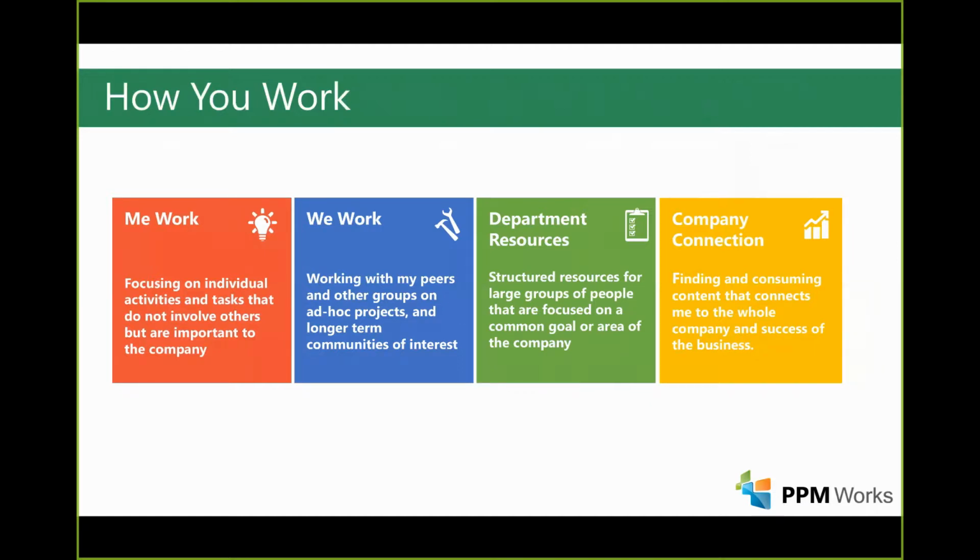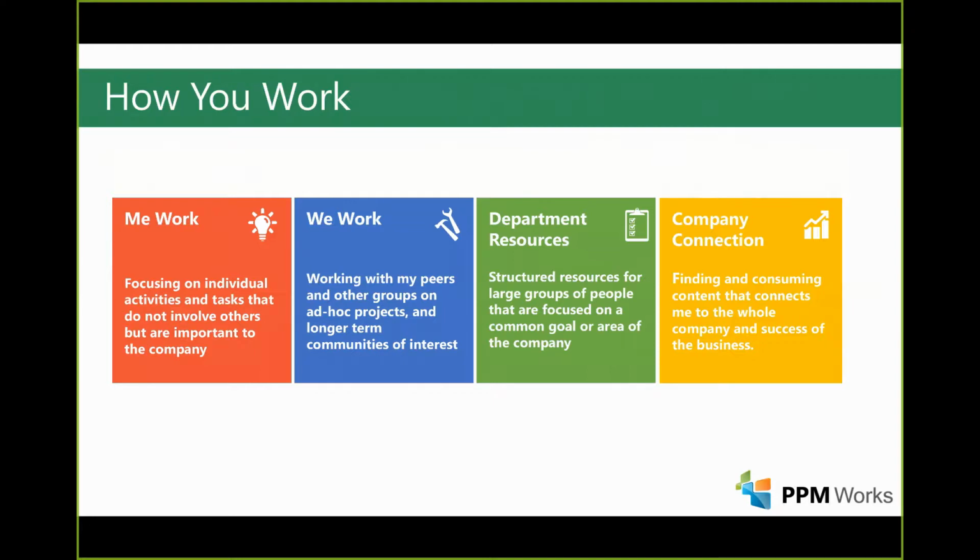So what do we got going on? Well, we have a few things. Me work, we work, and department and company work. Well, in here, this is where you're taking a look at understanding what tool set you're looking at and actually seeing where to manage this work. Me work, I chuckle at that, is really going to be in and around task management.